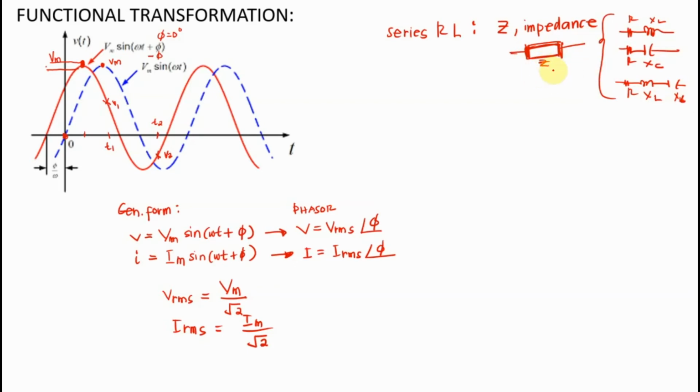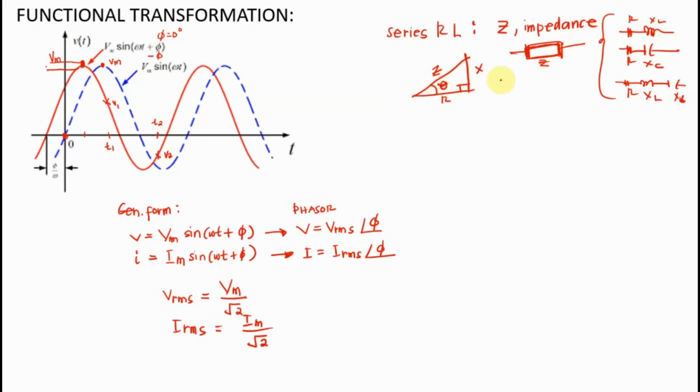By the way, your Z is actually represented by a right triangle. The hypotenuse is your Z, the impedance, and one leg is for your resistor, and the other one is for either an inductor or a capacitor. In this case, we can develop an angle which is theta.